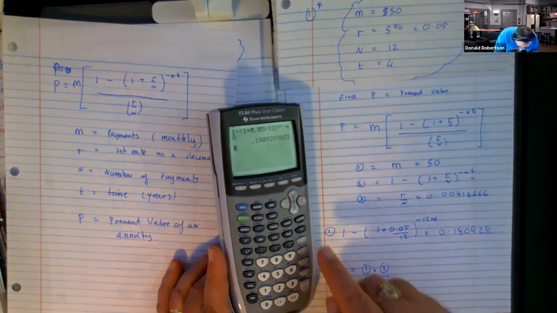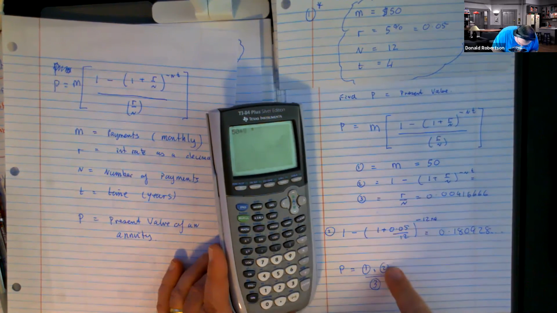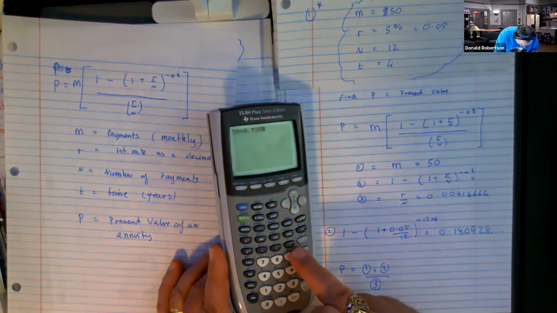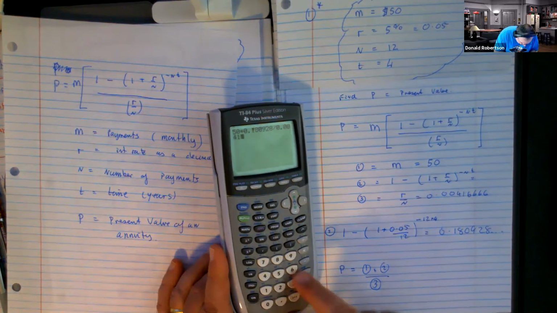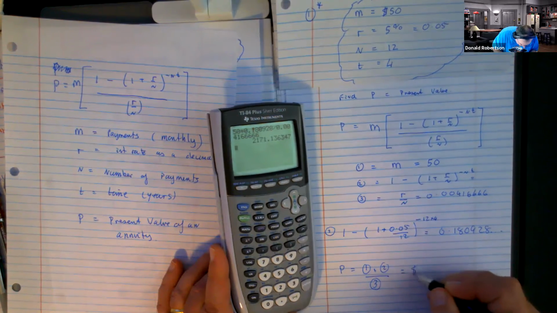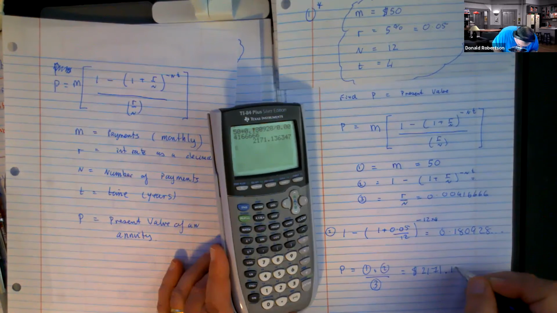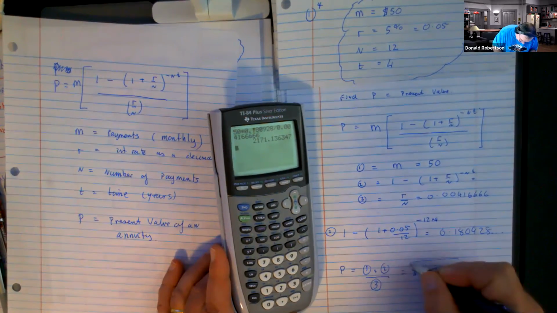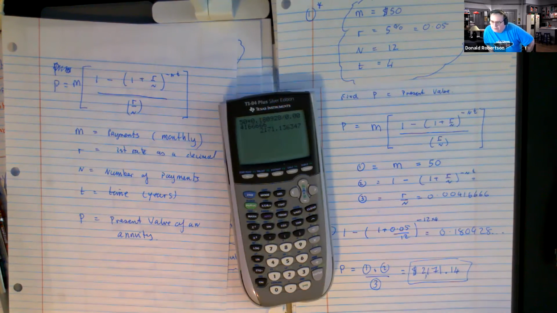So I can just go to my calculator now, and I can say 50 times the answer to 2, which is 0.180928, and then just divide it by 0.0041 lots of sixes. And then I'll hit the answer, and the answer I now have is 2171.14. So $2,171.14.